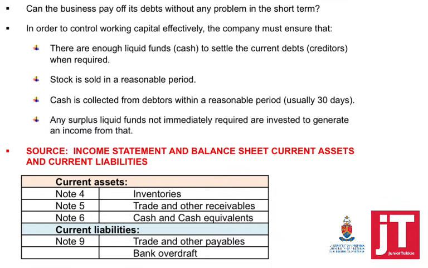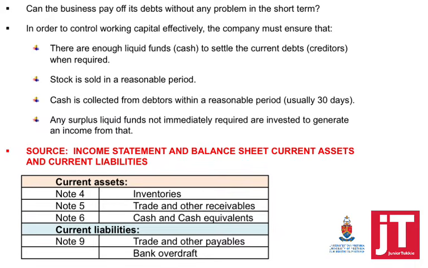Our source will be the income statement and the balance sheet, but specifically in the balance sheet, we look at our current assets and current liabilities. Make sure that you know your financial statements. Know that current assets consist of note number 4, which is our inventories, note number 5, trade and other receivables, and note number 6, cash and cash equivalents.